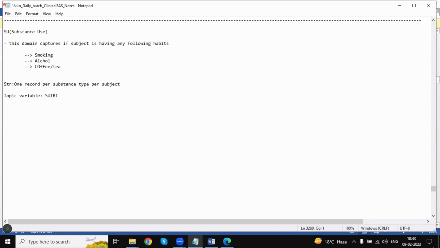For example, the subject has a habit of taking 10 ml of wine per week. This is the information I have. Now tell me, what are the variables, what are the observations? What is SUTRT here? What is the treatment variable here?